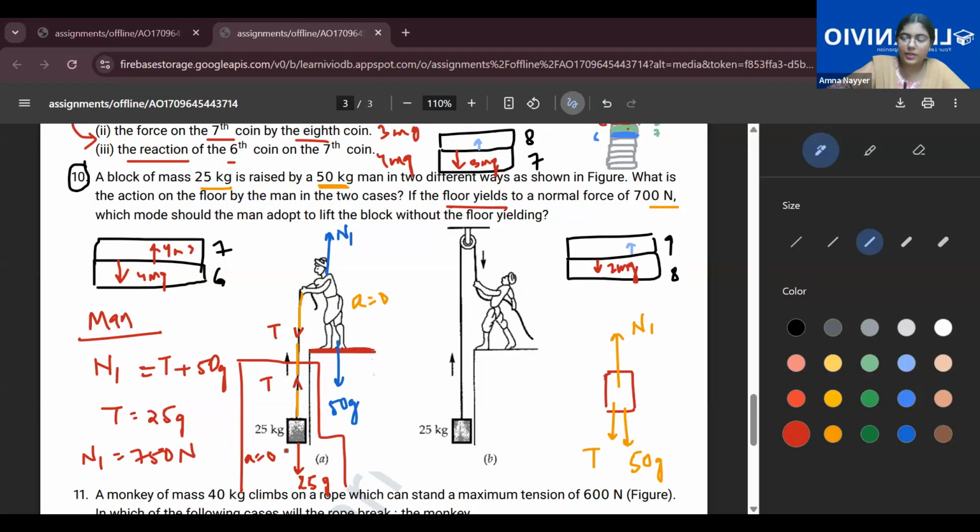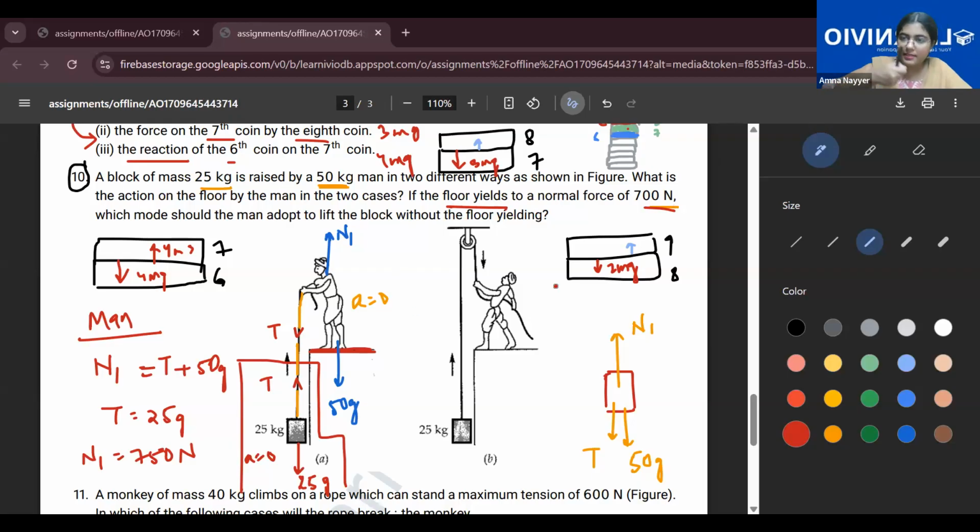Currently in this situation, in this position, the block hasn't been lifted by the person. This movement part you don't have to consider because the question says you just have to see which mode he should apply to lift the block. Because if it is yielding a normal reaction of 700 Newton when the movement occurs, then the floor will be yielded. We don't know which case is better.